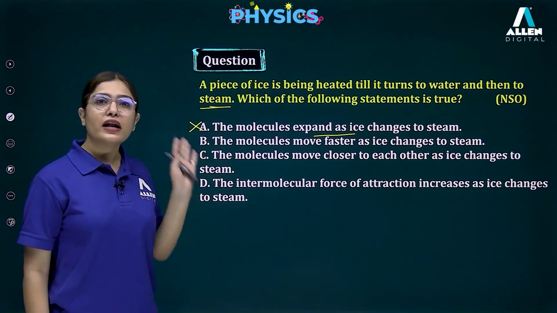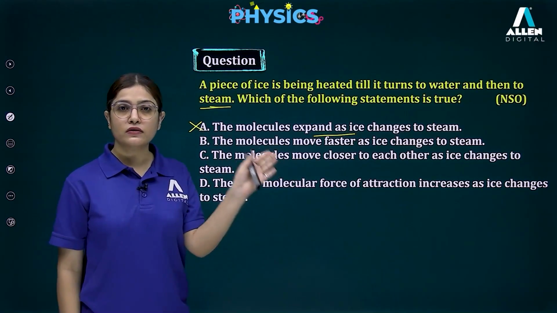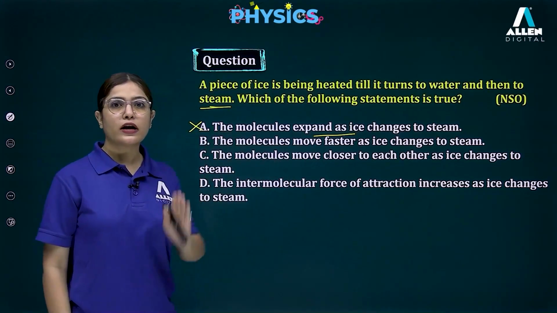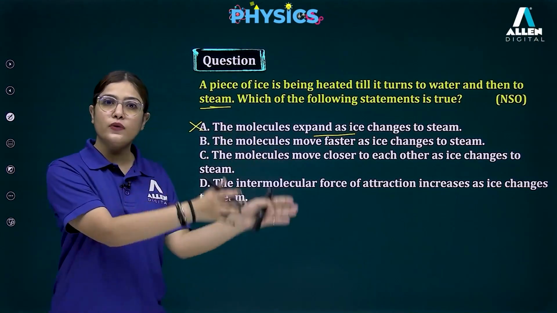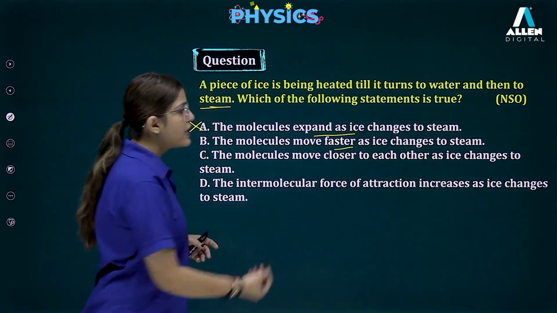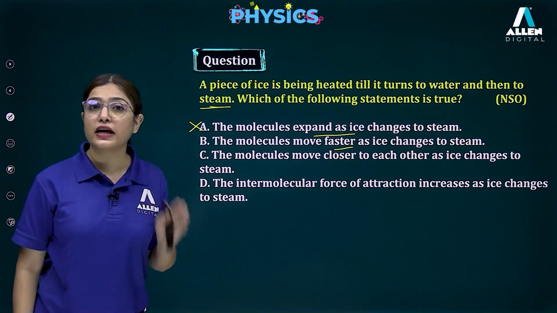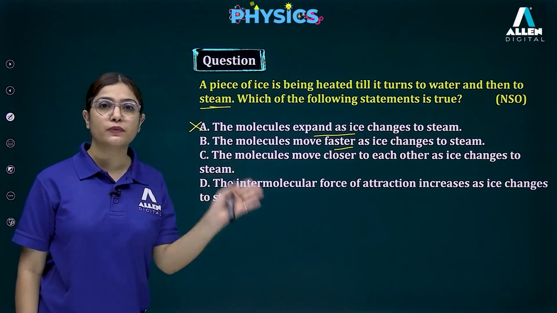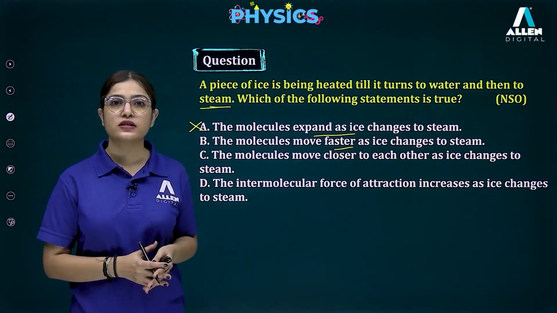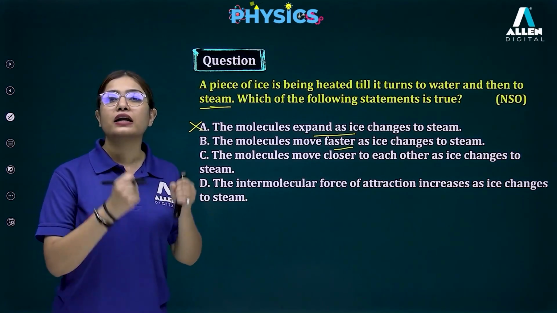Now here we are actually talking about the changes in phases. Okay, whatever phases we are taking, solid, liquid and gases, we are showing you the conversion. We are actually going to change the phases. The molecules move faster as ice changes to steam, and yes, here we are actually raising the temperature, and we all know that whenever we are giving the temperature to the substances, they actually start moving.